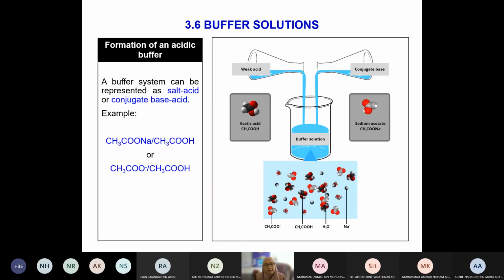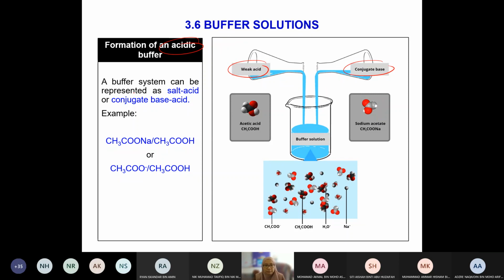So how do we form a buffer solution? Very simple. We need these two components. If we want to prepare an acidic buffer, we simply combine the weak acid and the conjugate base of the weak acid. We add the two in one beaker. There you go, your buffer solution.